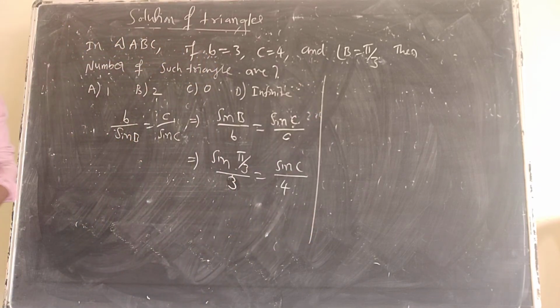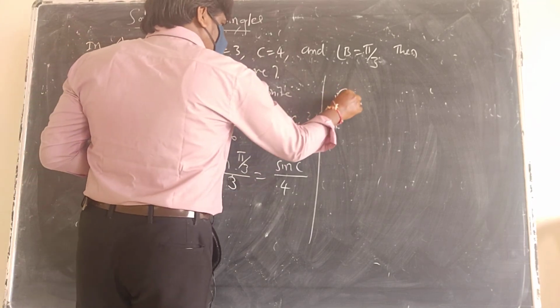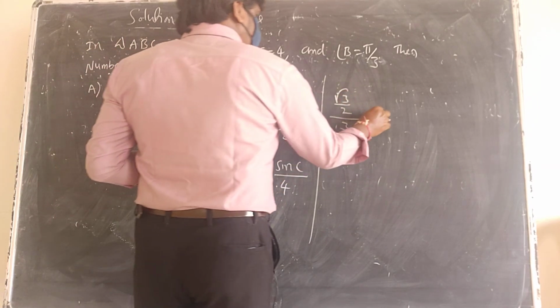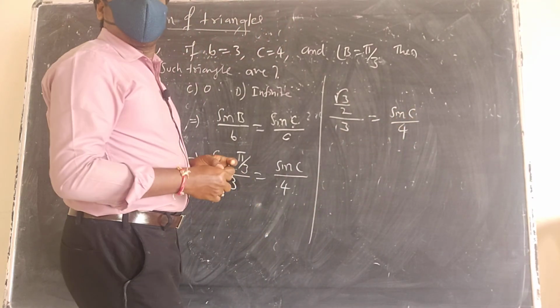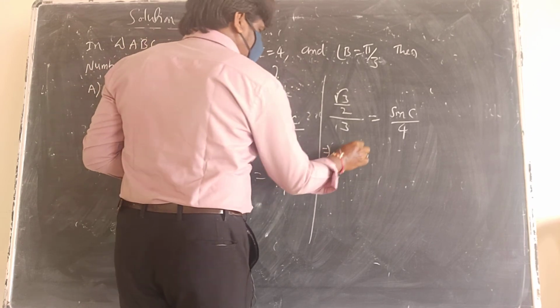Sine pi by 3 value, how much? You know pi by 3 is 60 degrees. Sine 60 is root 3 by 2. So root 3 by 2 divided by 3 is equal to sine C by 4. Correct? Now we will see what answer you get here.